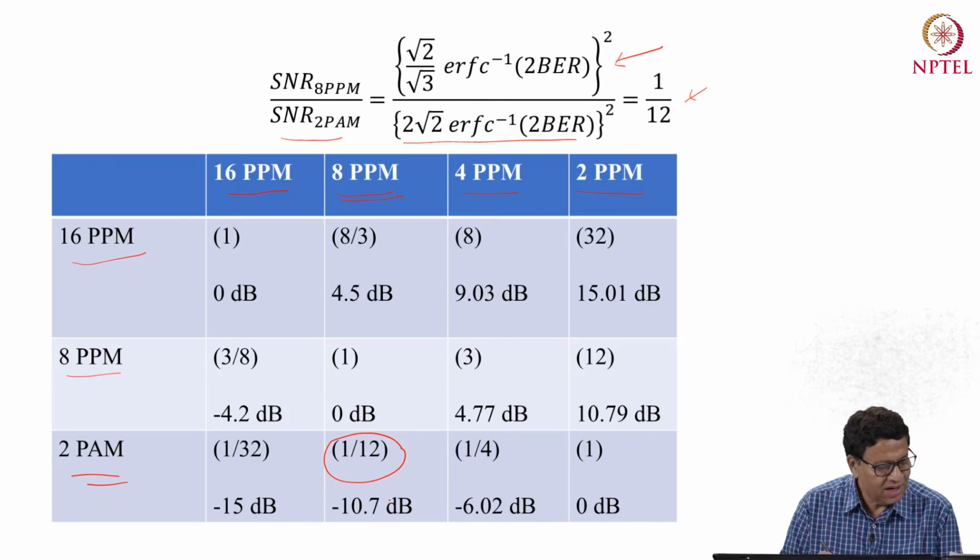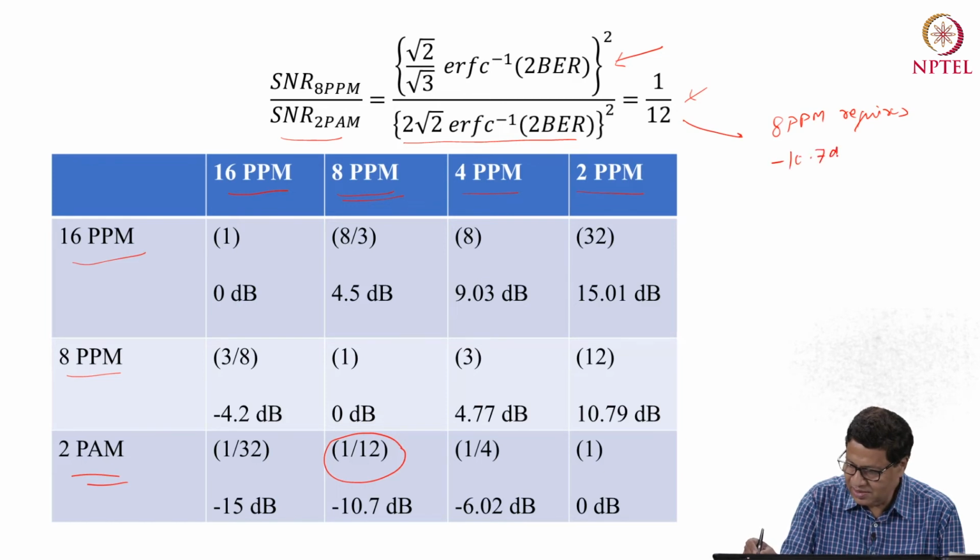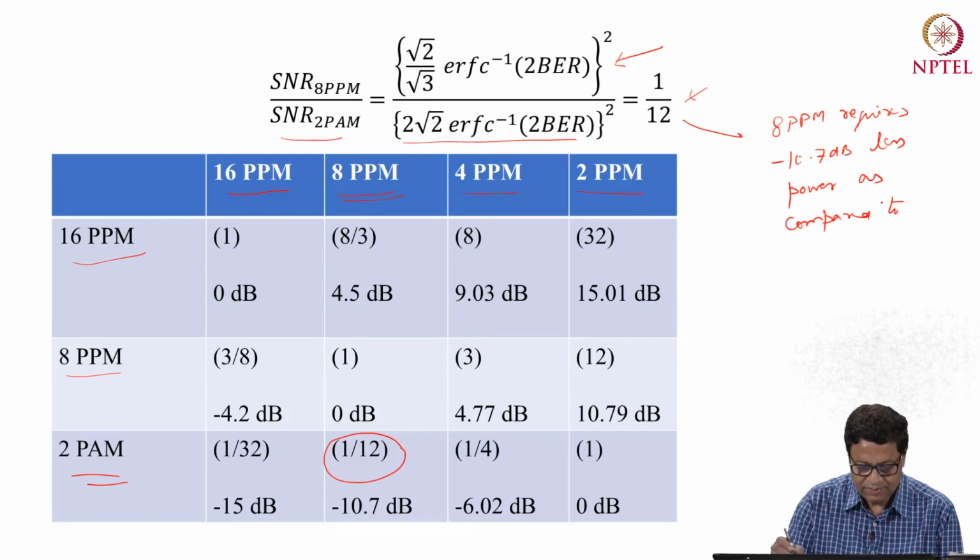What it means is that 8 PPM requires 10.7 dB less power than 2 PAM for any desired BER. So this particular example shows that 8 PPM requires 10.7 dB less power as compared to 2 PAM.